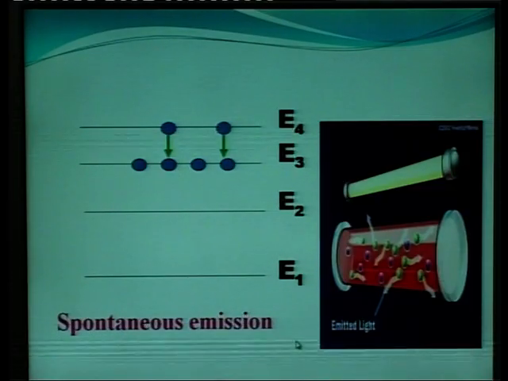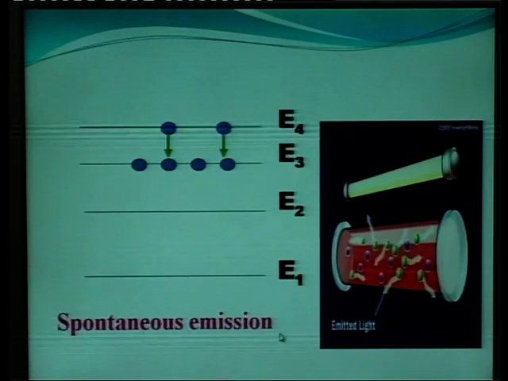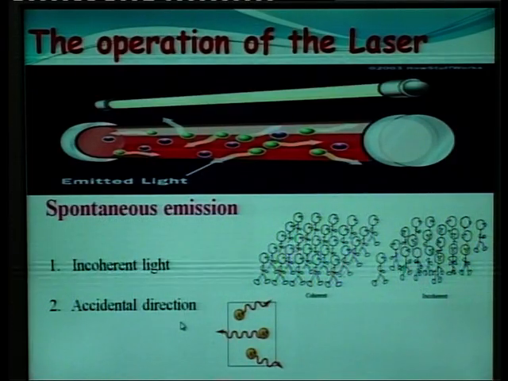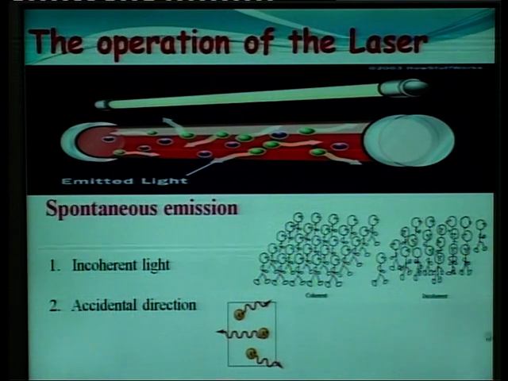So they are of no use to us, and we are not concerned with spontaneous emission in a laser. What we require is stimulated emission. Spontaneous emission gives incoherent light and accidental direction. The emitted photons are incoherent, meaning they can move randomly in any direction.